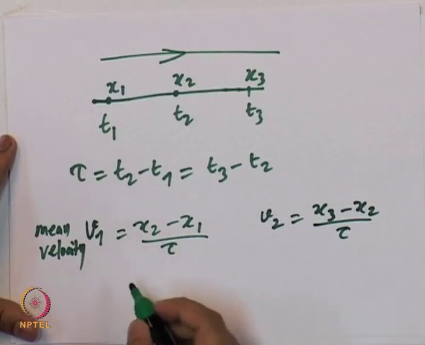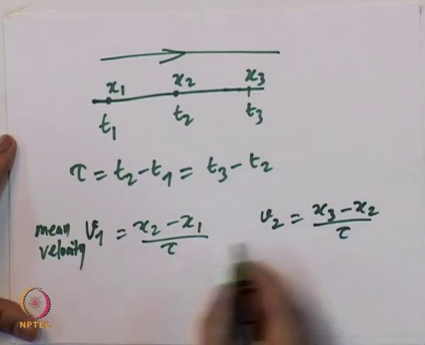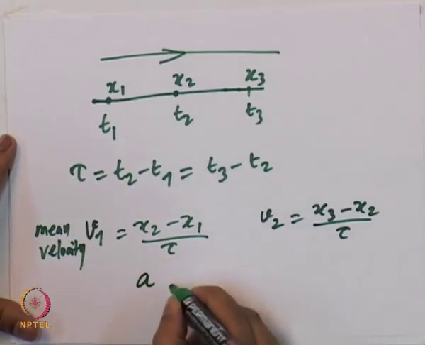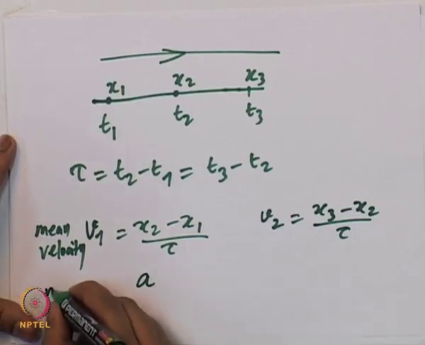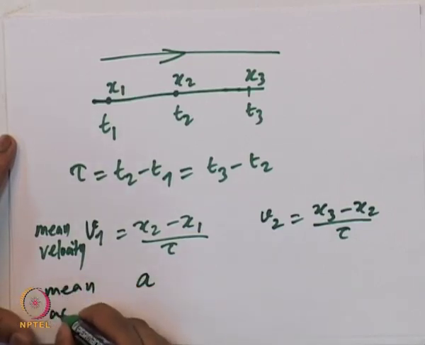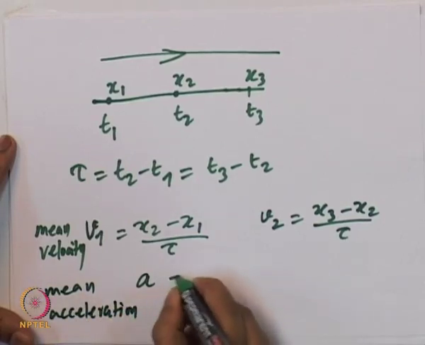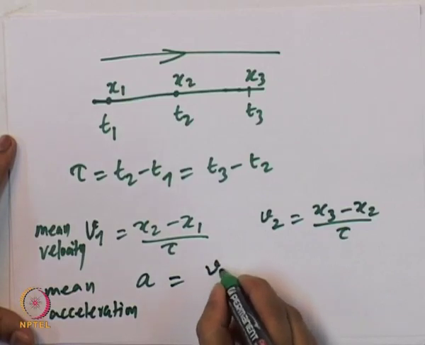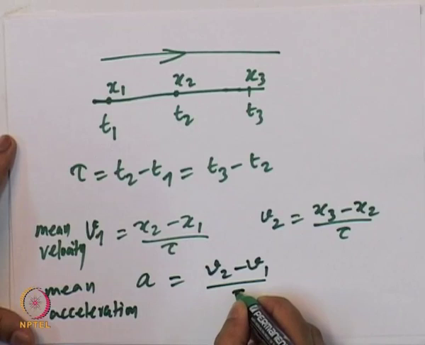For these 2 points we can also compute the acceleration, because we have got 2 velocities. In other words, mean acceleration is equal to v2 minus v1 divided by tau.